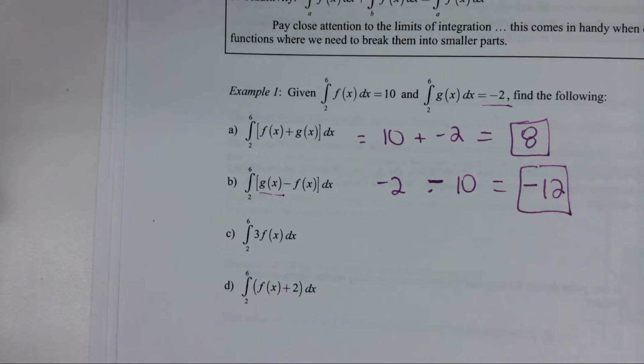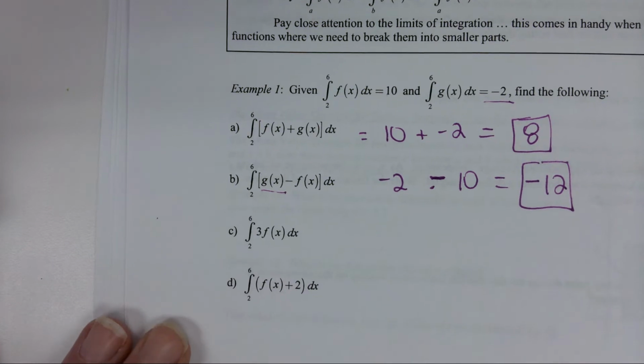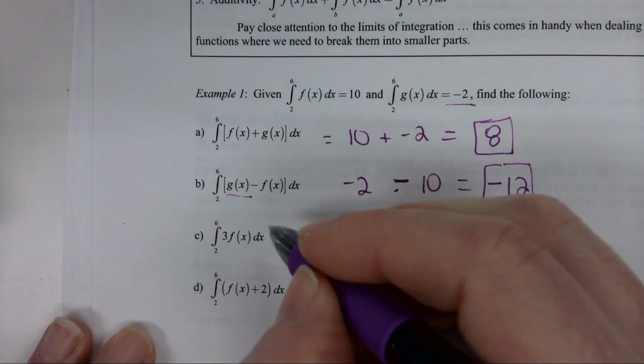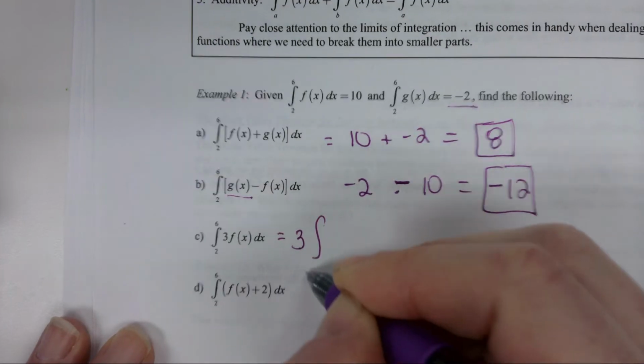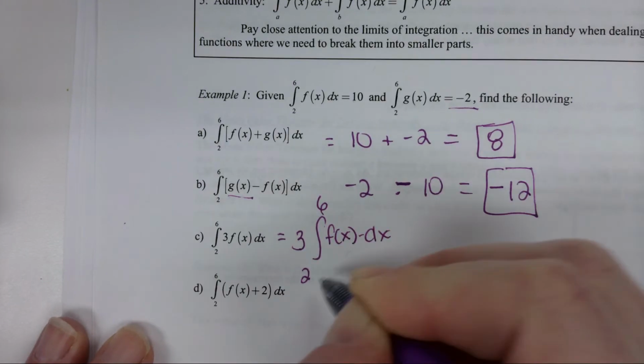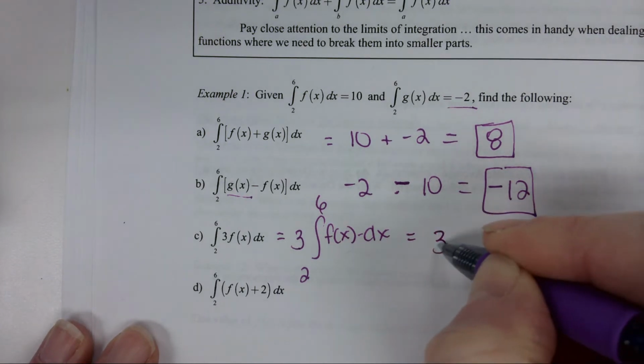Keep going. Which one is C? Which rule is that? Constant rule. I can take a 3 out to the front. You're given the value for the integral from 2 to 6 of f of x dx. It is 10. So it's just 3 times 10 or 30.